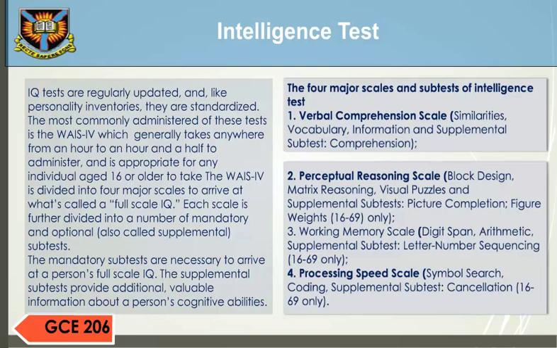Working memory scale. Digit span, arithmetic, supplemental subtest, letter-number sequencing, 16 to 69 only. 4. Processing speed scale. Symbol search, coding, supplemental subtest, cancellation, 16 to 69 only.